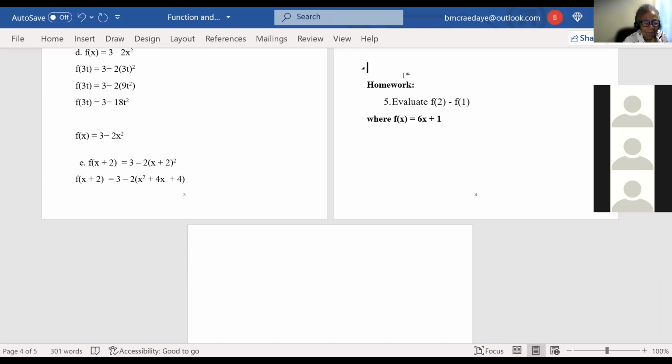12. You're throwing away the 1? 12 and 1, 13. That's right. What's f of 1? 6. 6 plus 1 makes what? 6 plus 1, 7.